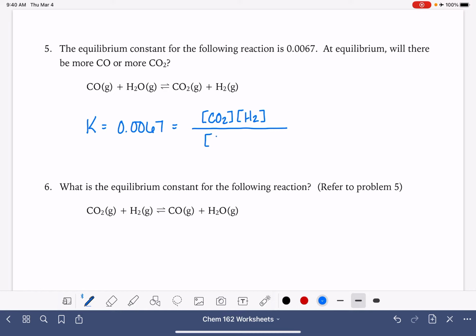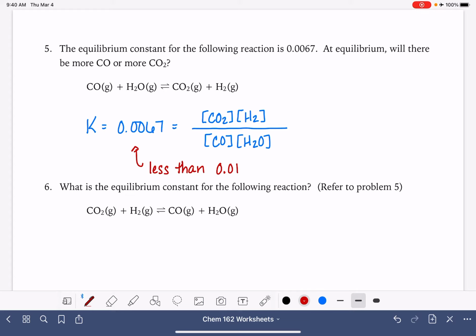Products over reactants. So what this is telling us is that when we're in equilibrium, when we plug in the numbers of all 4 of these molecules, the outcome of that is 0.0067, which is a small number. Specifically, it is less than our cutoff of what constitutes a small number, which is 0.01.